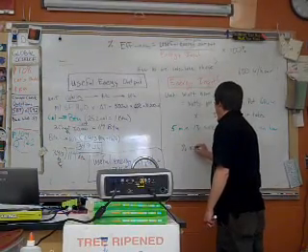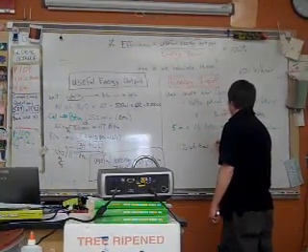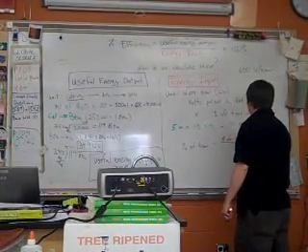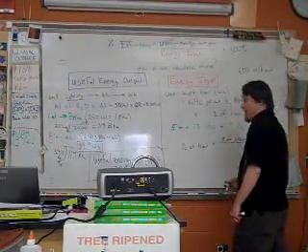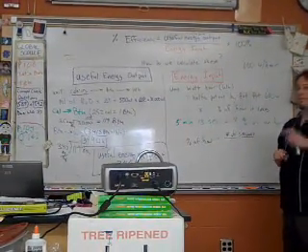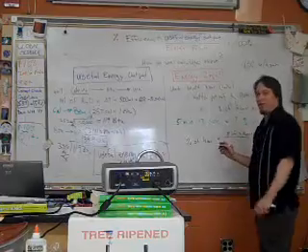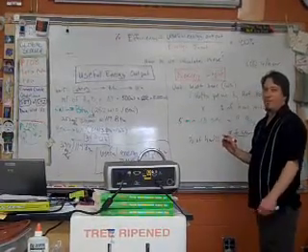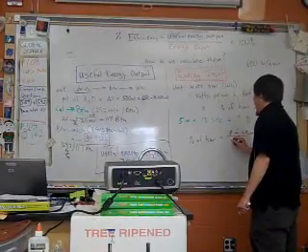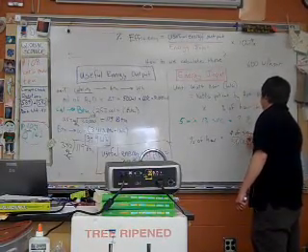Percent of an hour is your number of seconds divided by the number of seconds in an hour, which is 3,600. Anyway, 3,600 seconds.